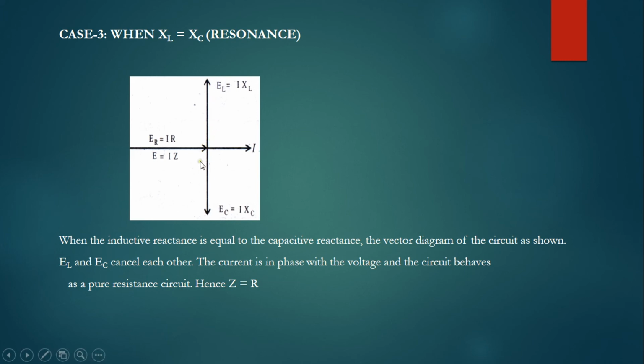Since both are equal, the resultant voltage will slide over the current. That means it is just like a pure resistive circuit, the voltage is in phase with current. That's all. It's very important, you need to learn these three combinations. Okay, thank you.